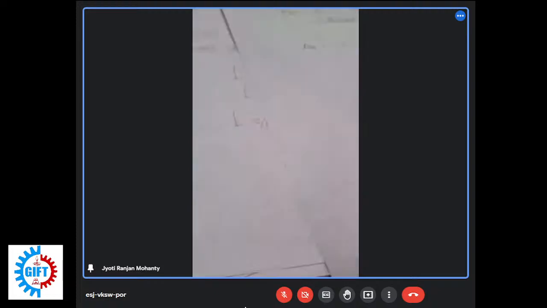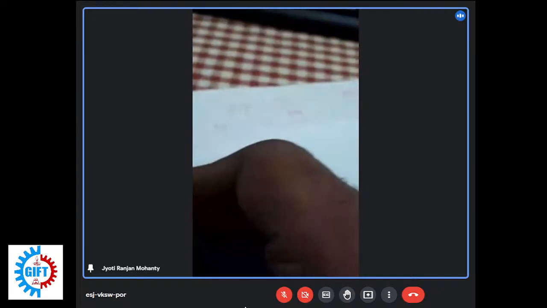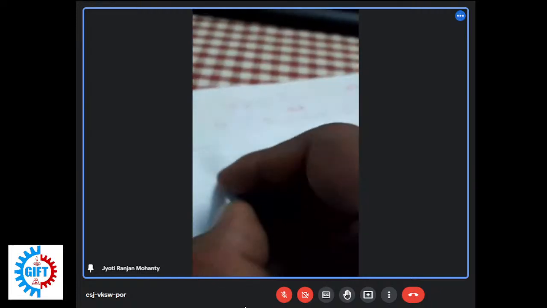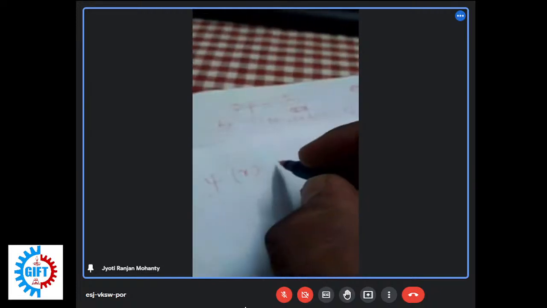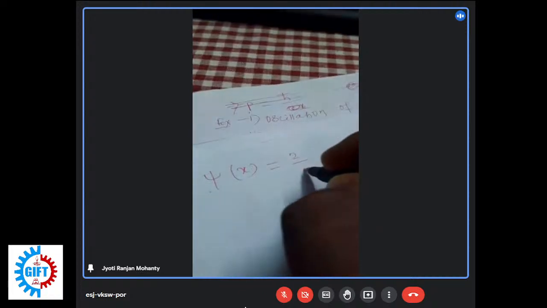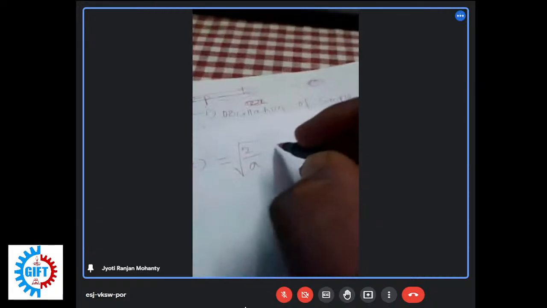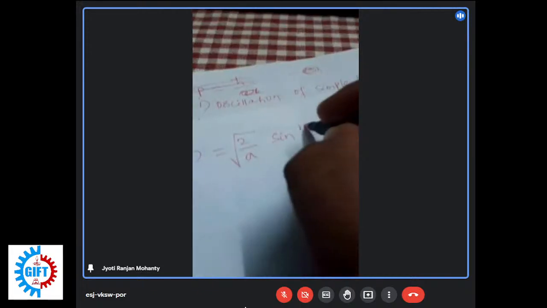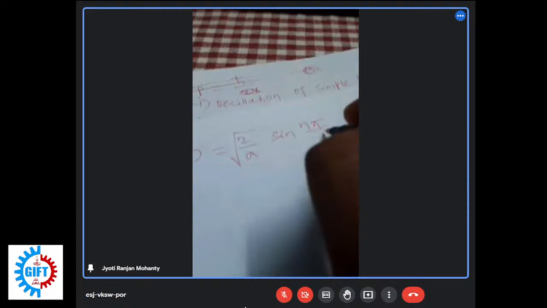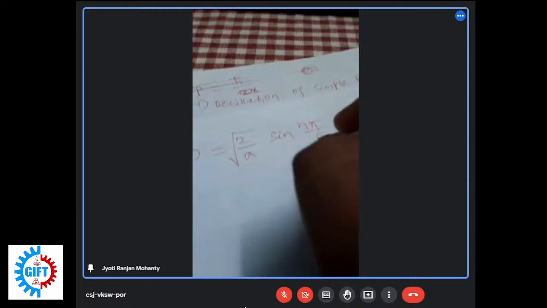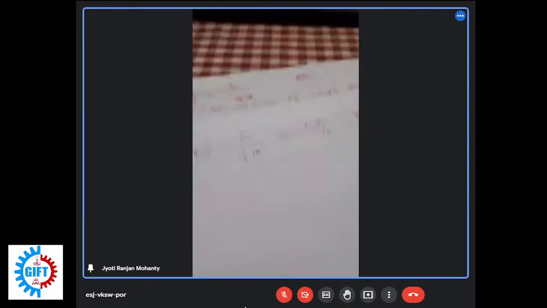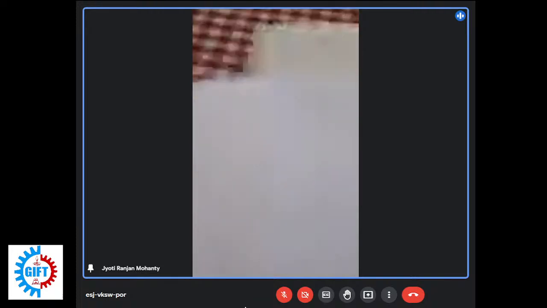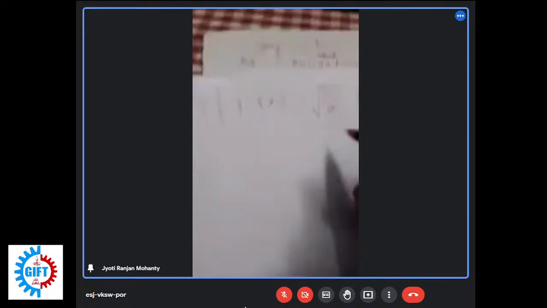So this implies psi x is equal to 2 by a under root sin of, the value of k is n pi by a, into x. Equation number 8.